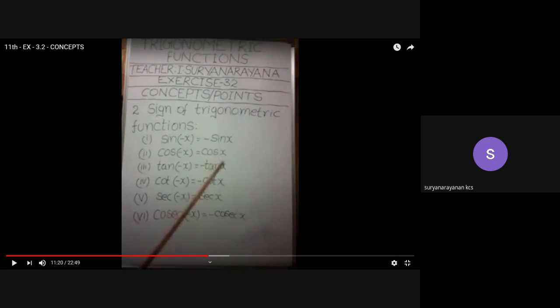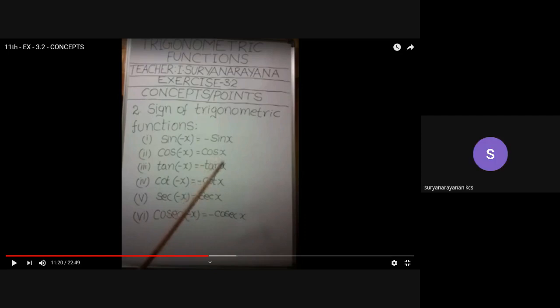Read after me, Nikhil: cosecant of minus x is equal to minus cosecant x. Very good.